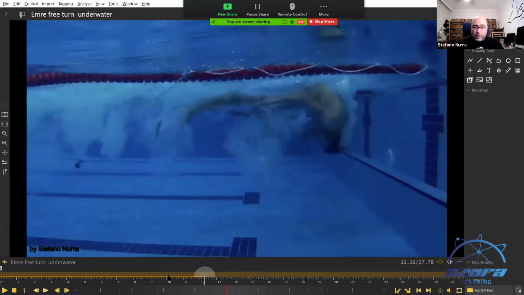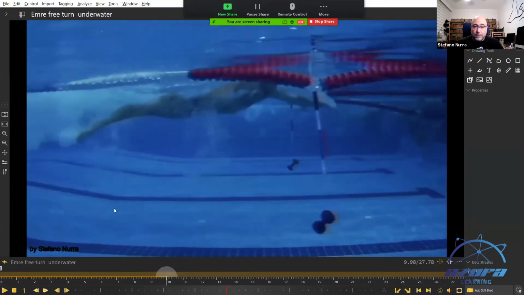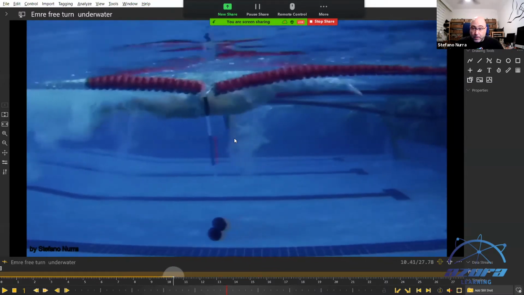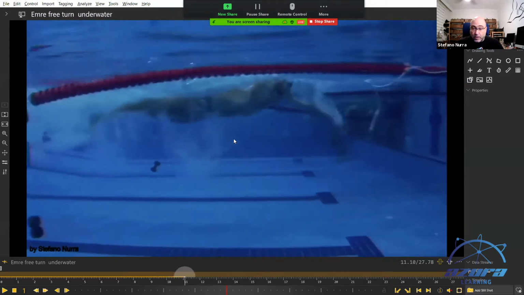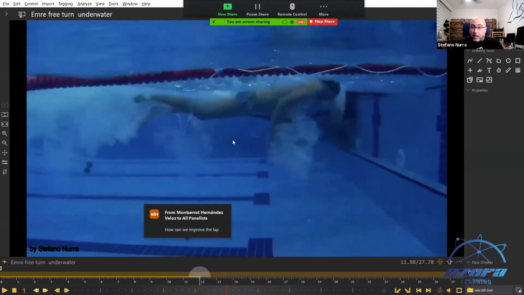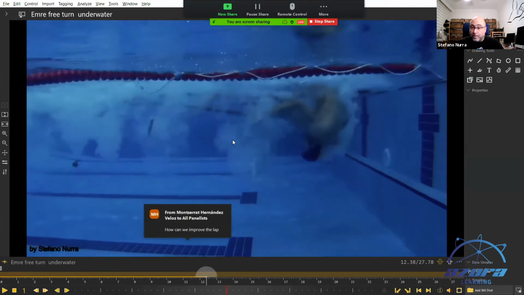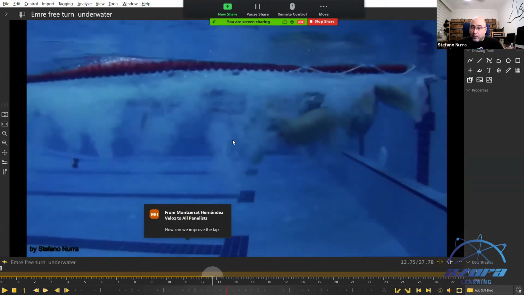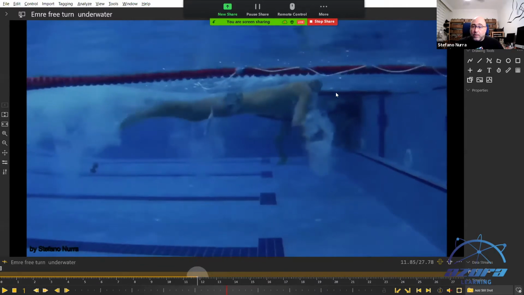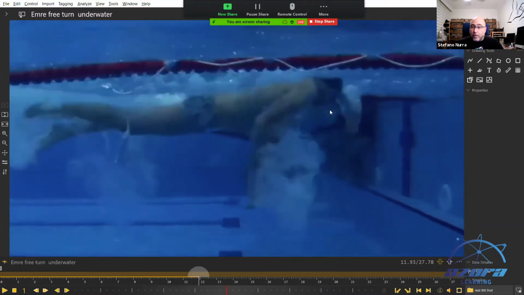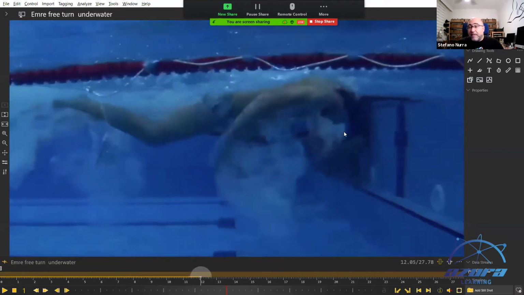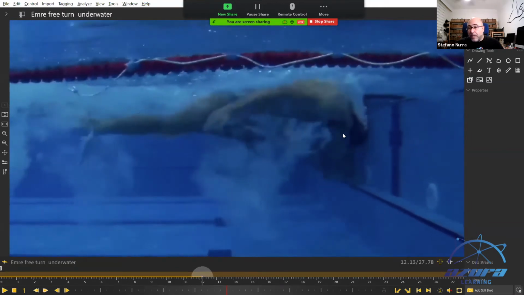Okay, we can see a different kind of athlete. This athlete, for example, we can see is very tall. He's a sprinter. So he's coming, last stroke, and rotation. We can speak about this last stroke. There is something that I like, something not too much.